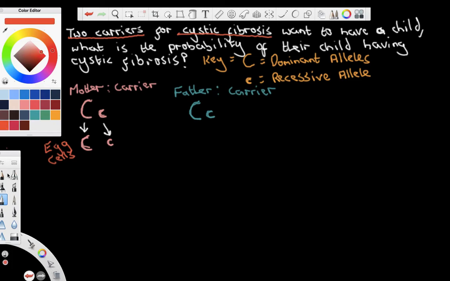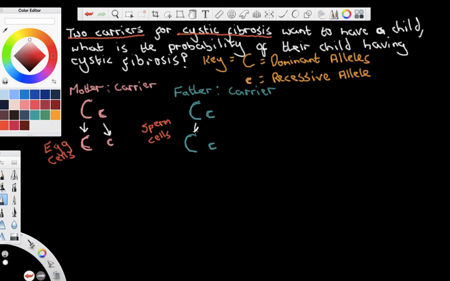At the same time, the man's sperm, or the male sperm cells, are either a dominant allele, a capital, or a recessive.